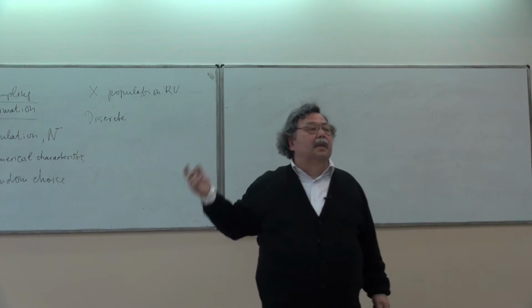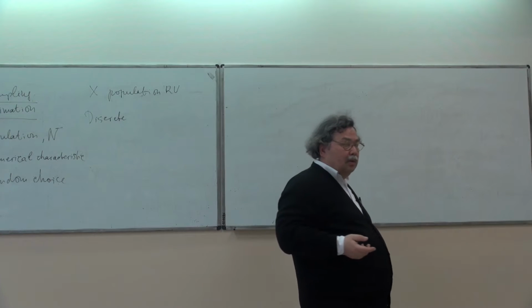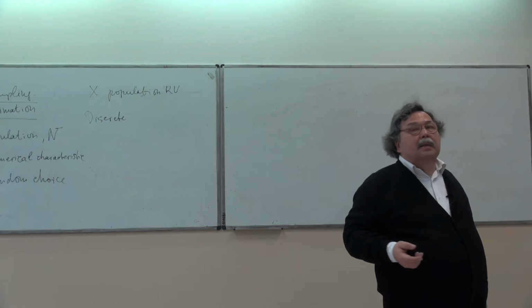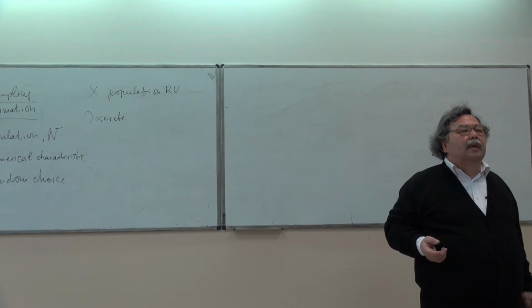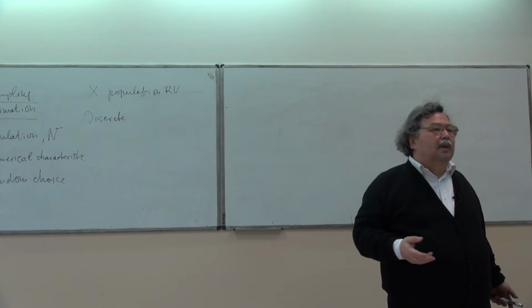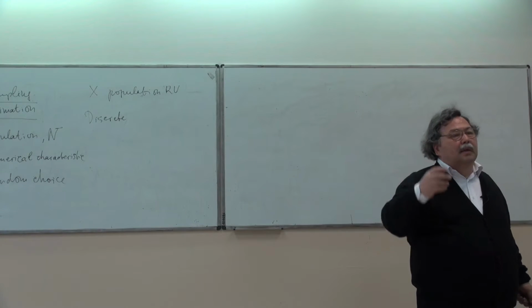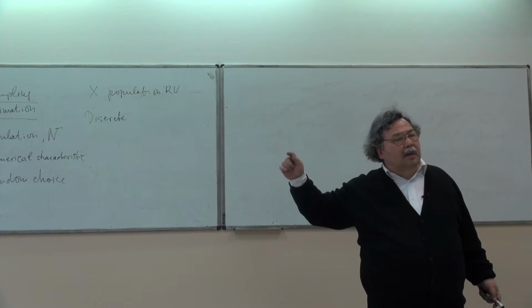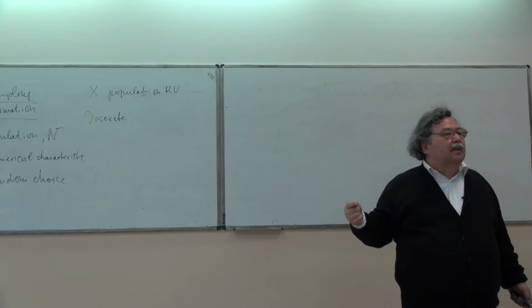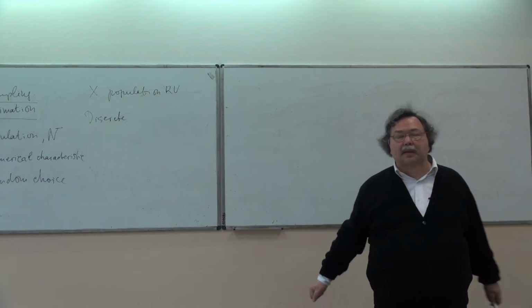Well, suppose there are 10 million people in Moscow, and say 6 million of those have exactly 11 years of education. Then in this list of possible values, 11 years will be associated with the probability of 0.6.